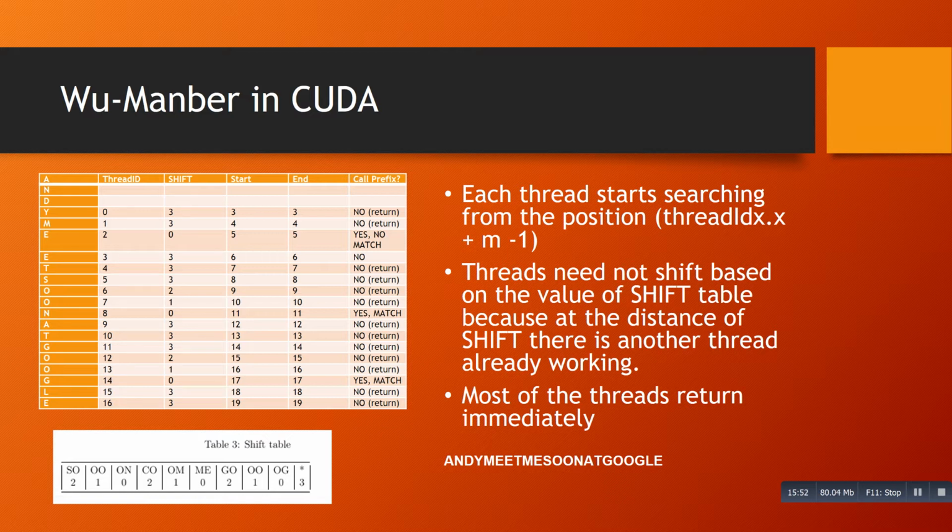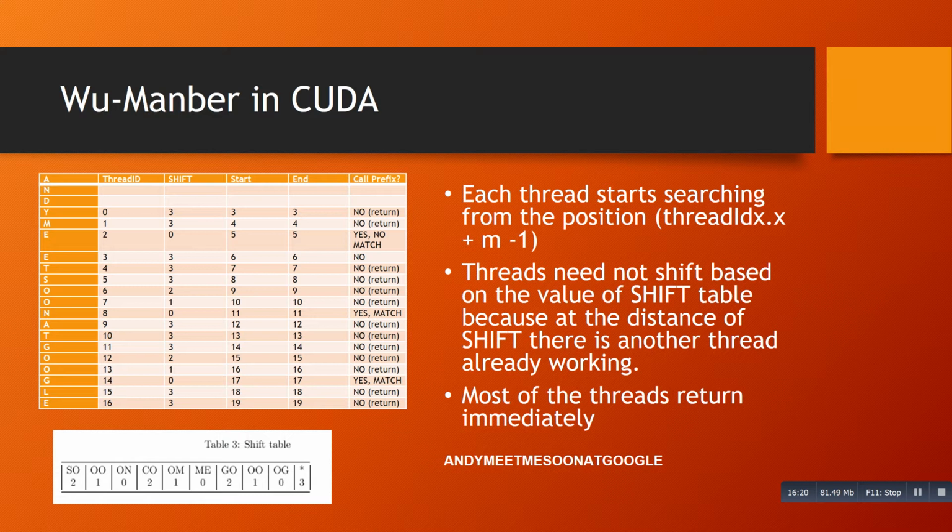So we shift so that we can skip a few characters and then start searching from that position. But in this case, we do not need to shift because at every index there is a thread working. So this is an optimization to Wu-Manber which we came up with that avoids the use of the shift table.